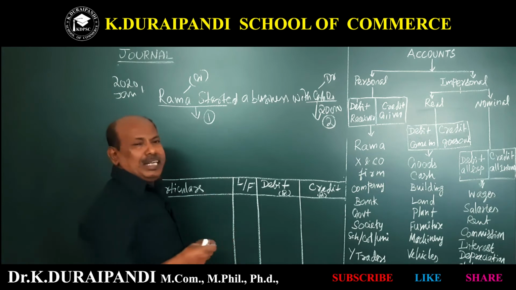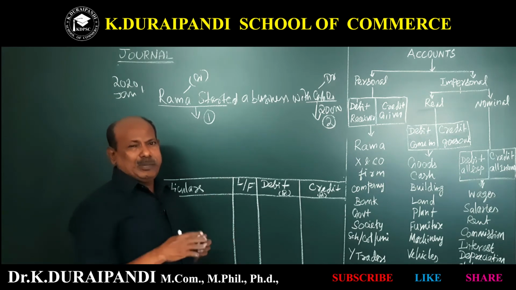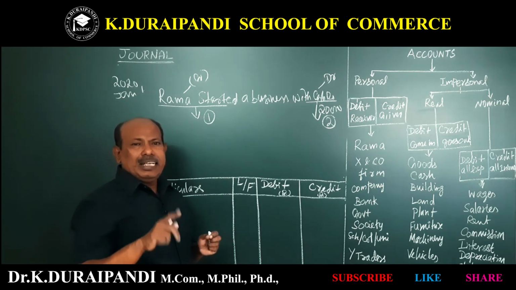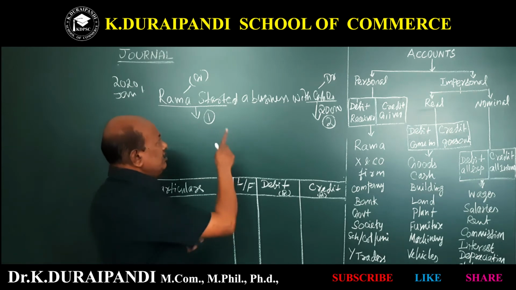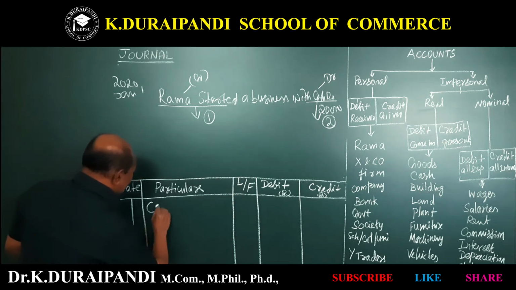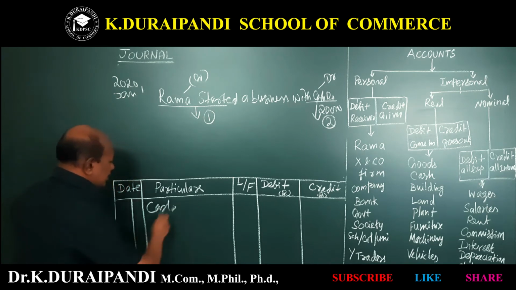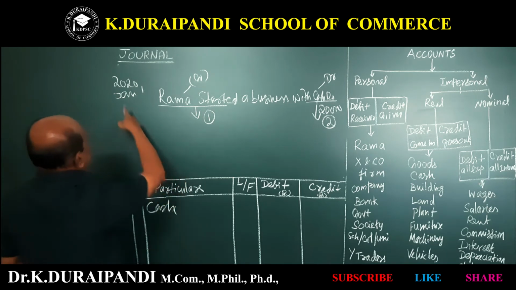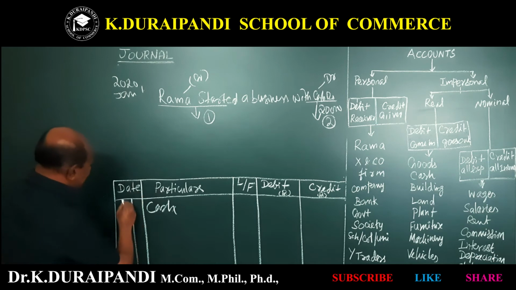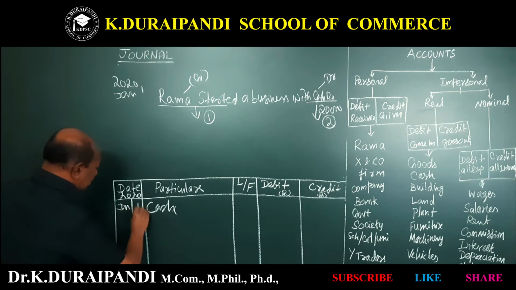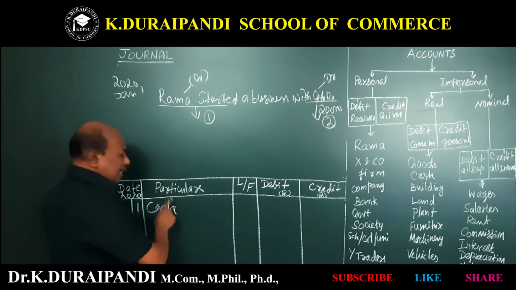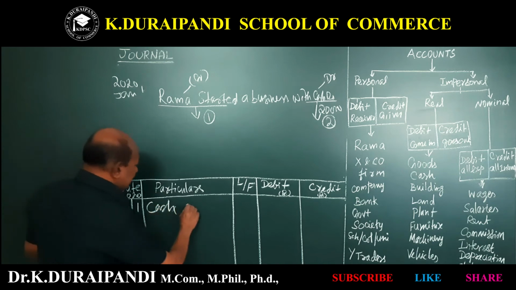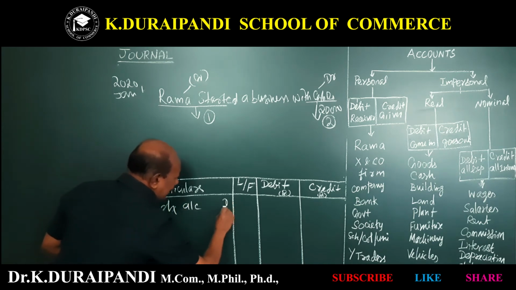Here, in the journal entry, first write the debit aspect, next write the credit aspect. Before that, we write the date: first the year 2020, January 1. You first write the debit aspect, cash account debtor.